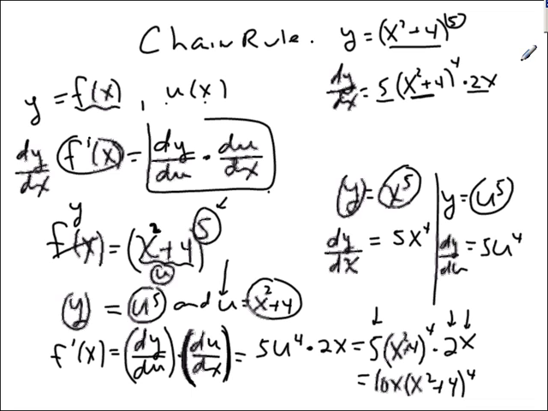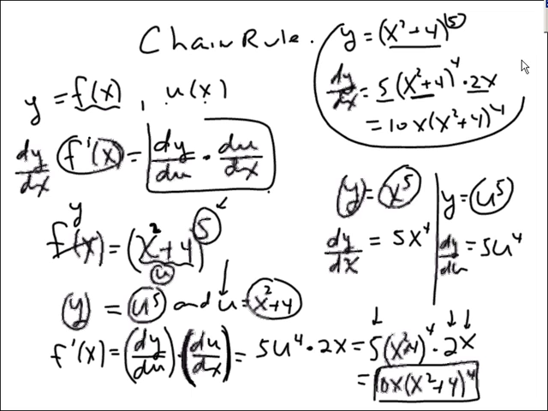Well, 5 times 2x is 10x, times the x squared plus 4 to the 4th. Minus some silly error, we should get the same answer, and we did. Notice how little space I needed to do this, and I didn't have to give a long explanation. Let's try this again. Do enough of these and it becomes routine.